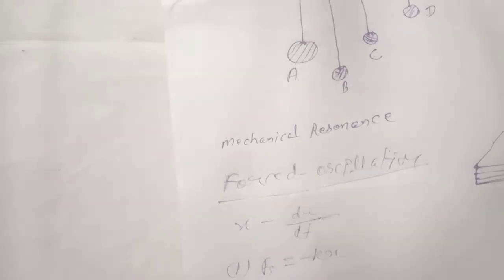The forces acting upon the system at this instant are: first, a restoring force proportional to the displacement but acting in the opposite direction, that is Fs equals minus Kx, where K is a force constant.